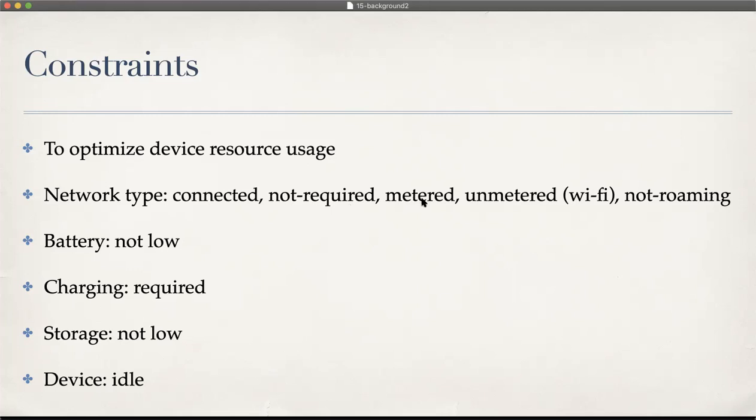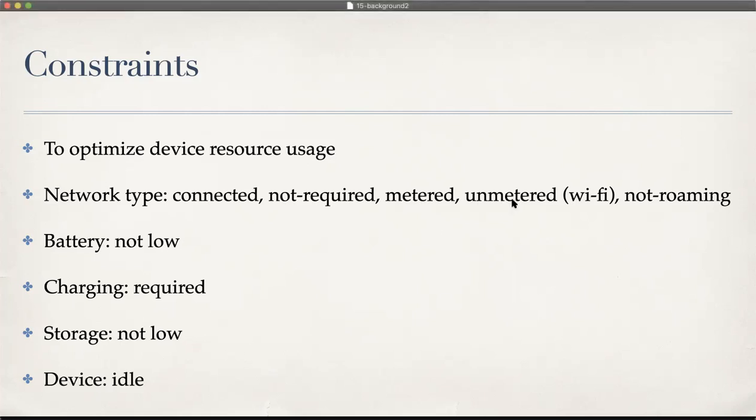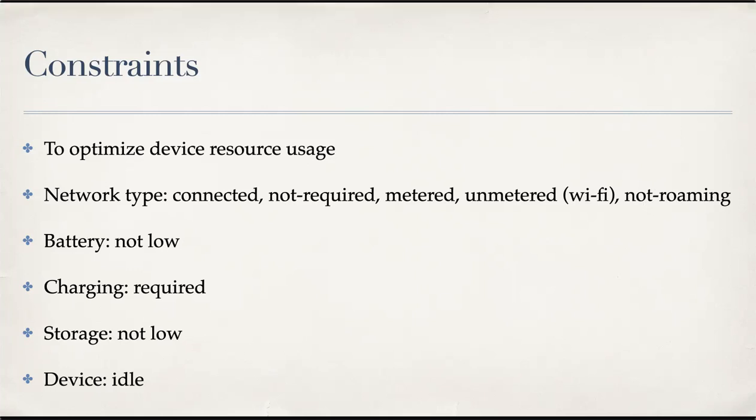Third is it's a metered network, which would mean an LTE or a cellular data network basically. The fourth one is unmetered network, that would be Wi-Fi. And finally, a constraint is that you are not roaming, so you don't want to do something when you are roaming. So these are the types of constraints related to network that you can specify.